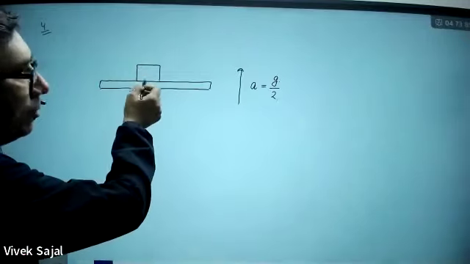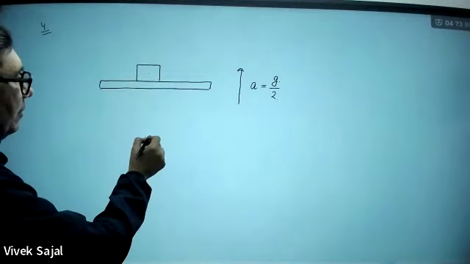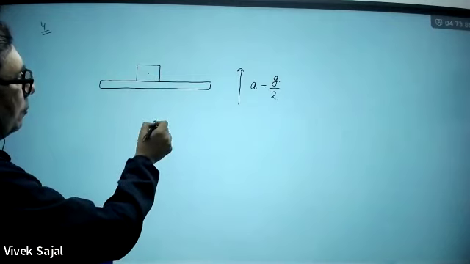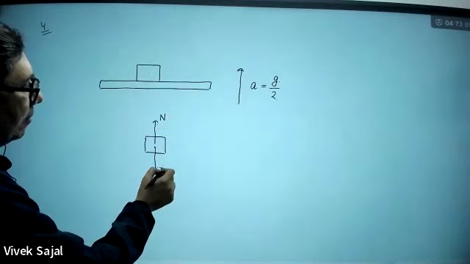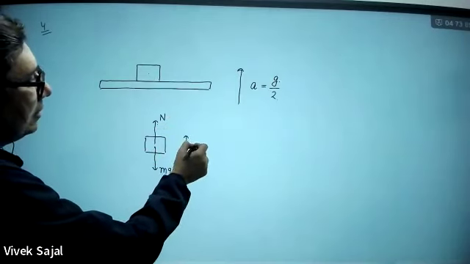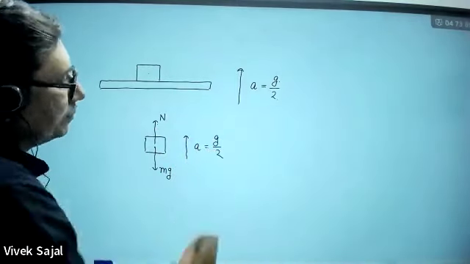If you look at this block only, if you make the free body diagram of this block, a normal reaction is acting in the upward direction, its weight is acting in the downward direction. And under the influence of these two forces, it is moving up with an acceleration g by 2.